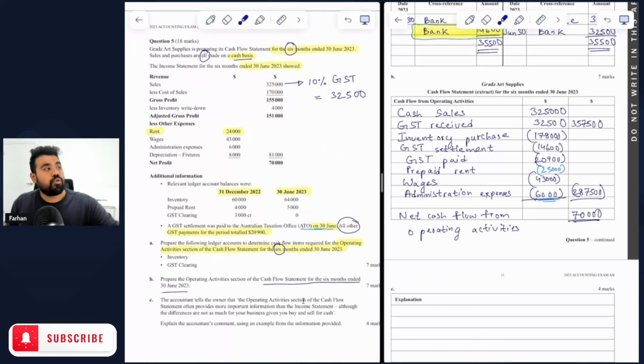But in this case, for Grant's Earned Supplies, we know that sales and purchases are made on a cash basis. And as you have seen, net profit includes non-cash items such as depreciation and inventory write-downs, which are missing in the cash flow statement. Okay? The business is required to generate cash from regular trading activities in order to survive in the long run.